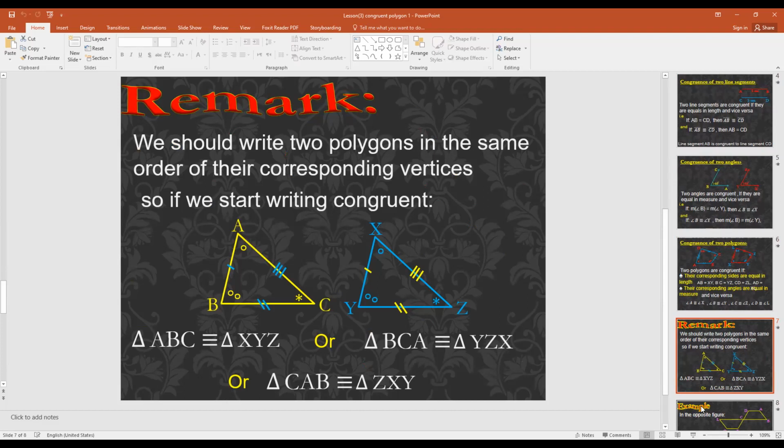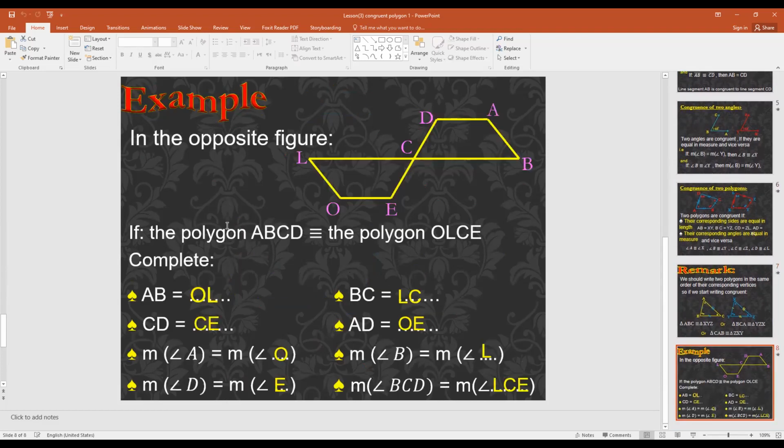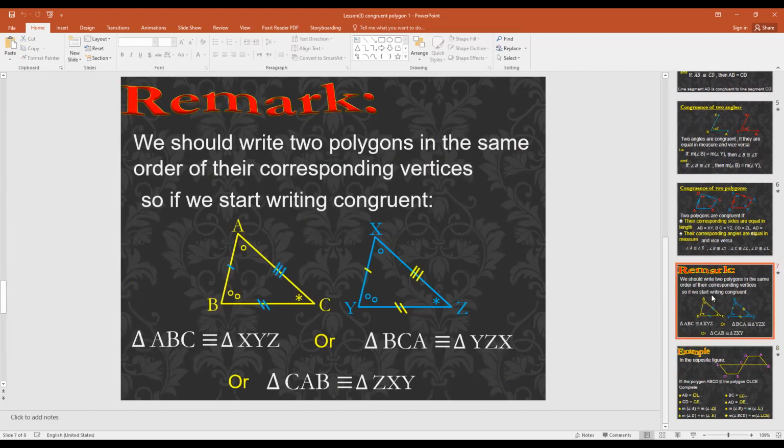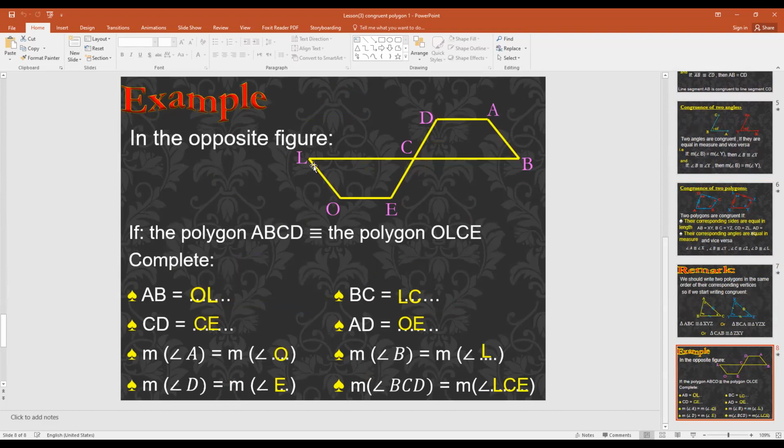And we saw in the example it was very important. We find the parts which are congruent from the names of the two polygons.